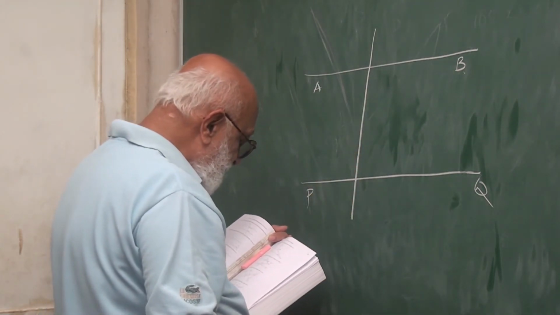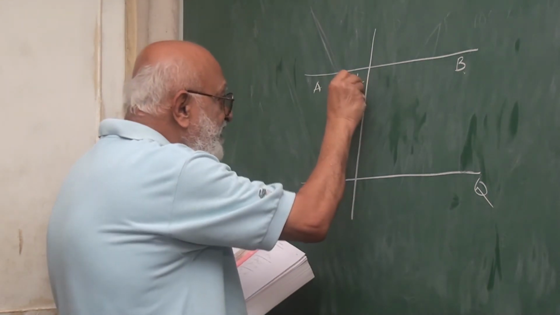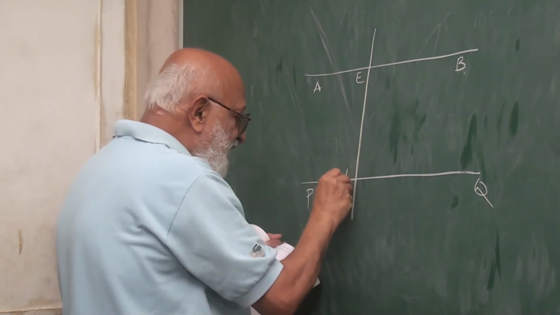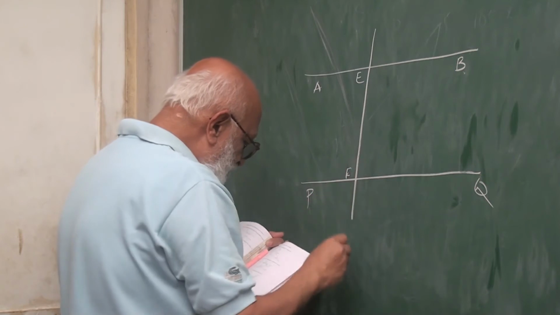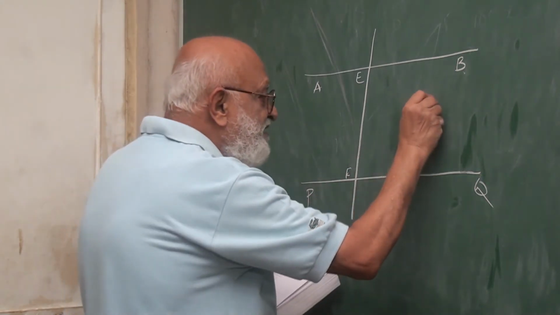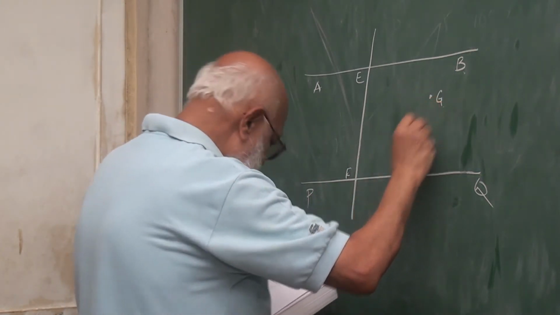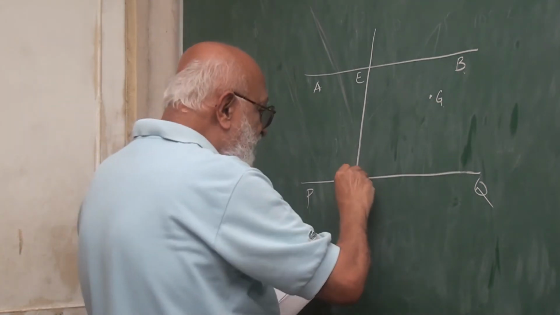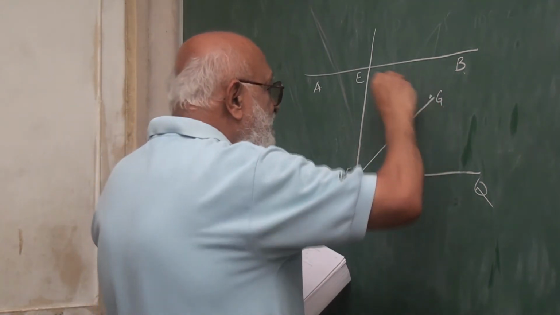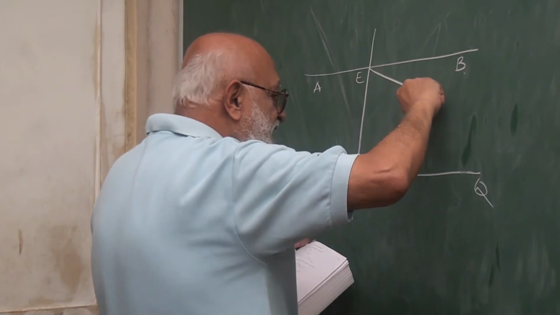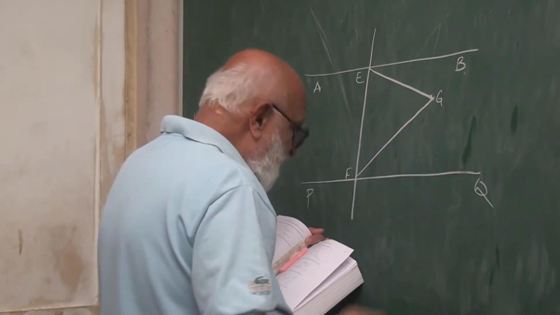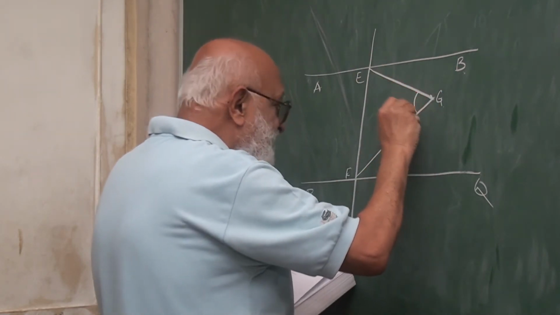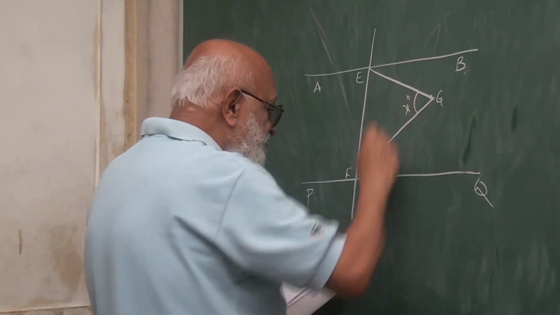It cuts AB at E and PQ at F. Then there is a point G here, and these two lines are connected like this. We have to find out what this angle x is.